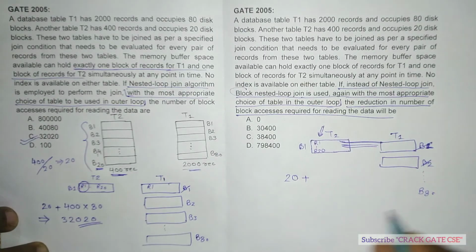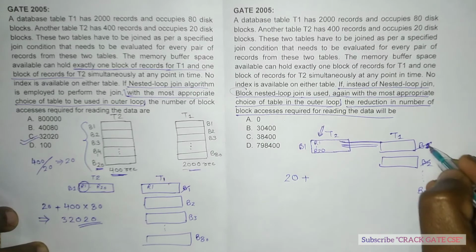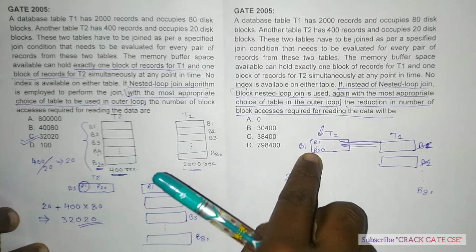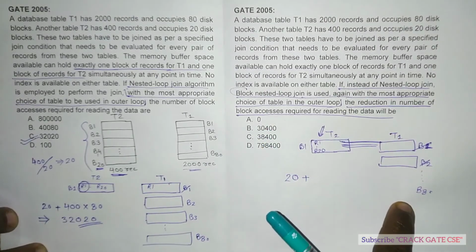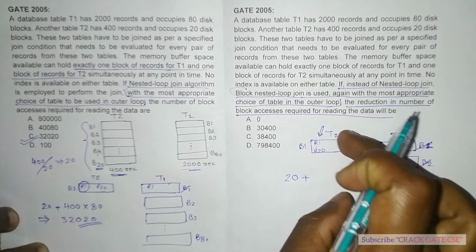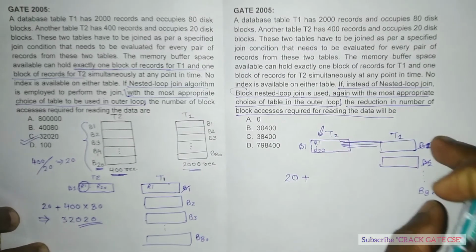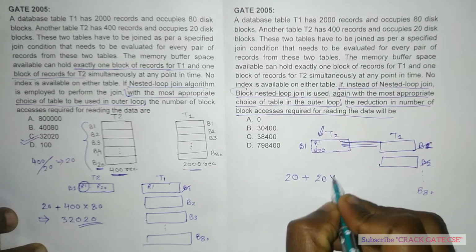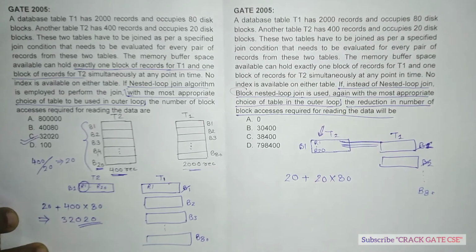Apart from these 20 blocks, you have to access all these 80 blocks for each block. You can see here for block B1 I am accessing all the 80 blocks. Similarly for block B2 I will be accessing all these 80 blocks. So overall for all these 20 blocks I will be accessing all these 80 blocks. That means overall 20 into 80 blocks will be accessed.